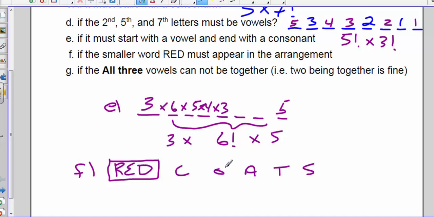So I've got 1, 2, 3, 4, 5, 6 different objects that need to be arranged. And since there is no other restriction, I can basically think of that as just 6 things to place in any order, or 6 factorial. Again, I have 6 possibilities for that first spot, then 5 that remain, then 4, then 3, then 2, then 1.